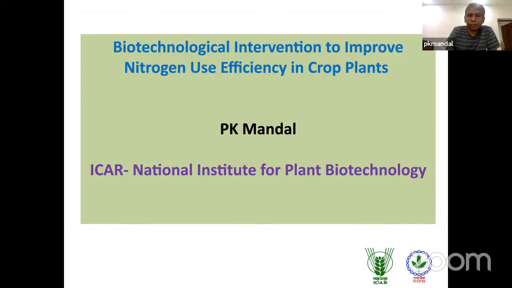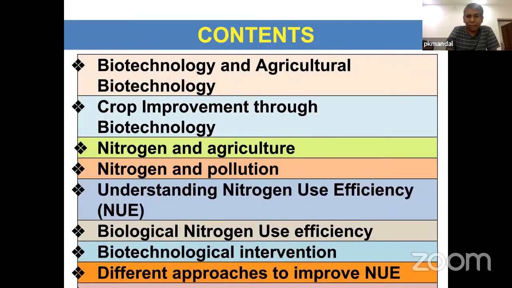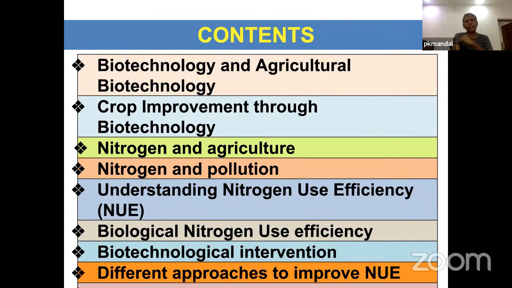Okay, so you can go to the next slide. Yes, please. Basically I have put biotechnology, and biotechnology in agriculture, then how this biotechnology is used for crop improvement, and then nitrogen as such and its role in agriculture. Nitrogen has another big part we are focusing on, that is nitrogen use efficiency.